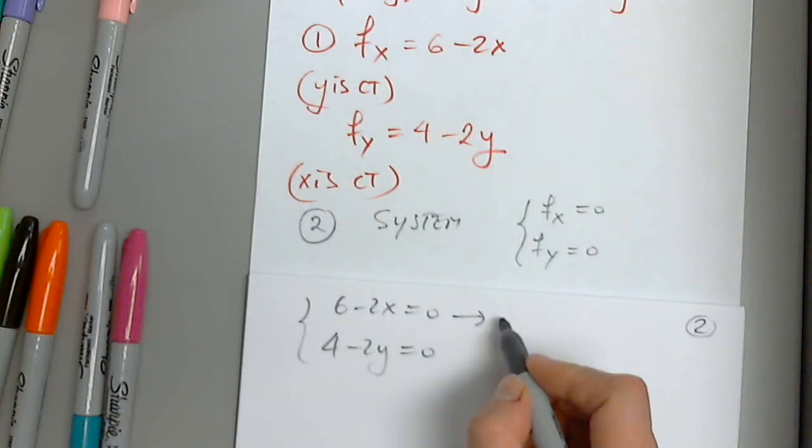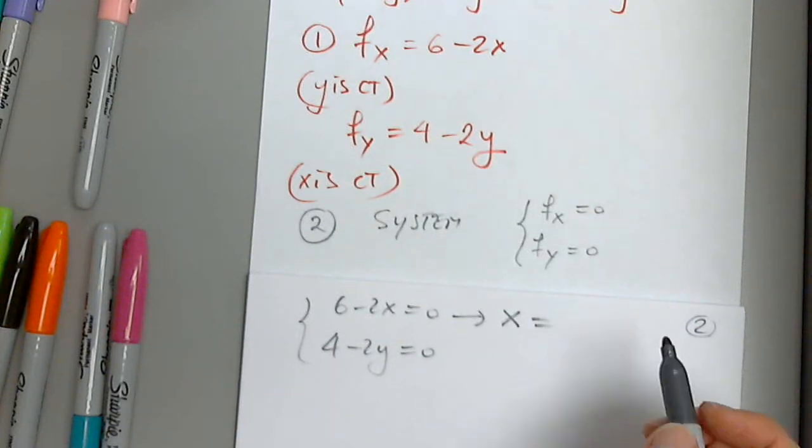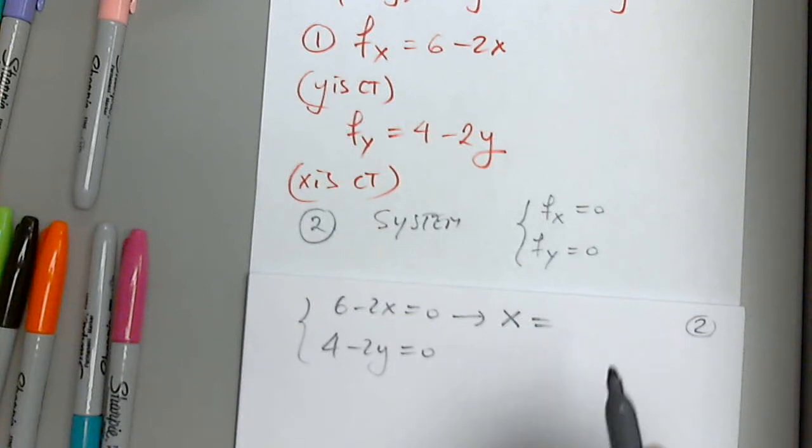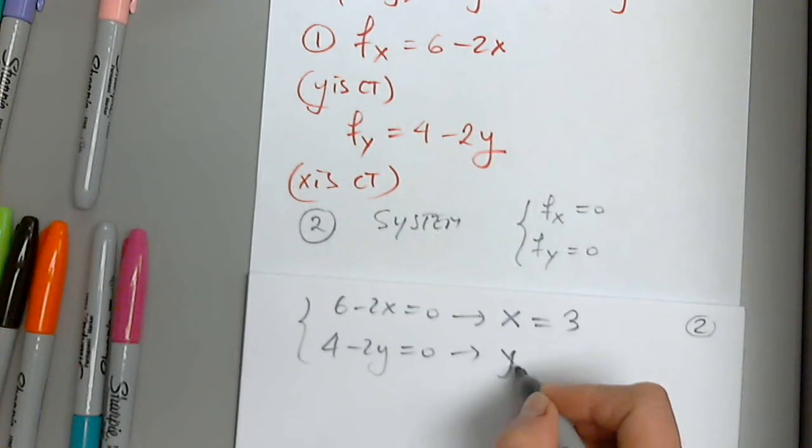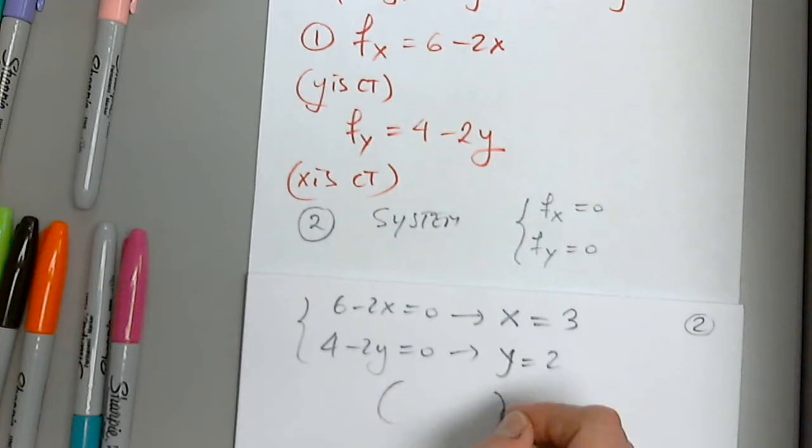Obviously, the first equation gives us x equals 3. Very good. And y gives us 2. The point we are looking at is 3, 2.